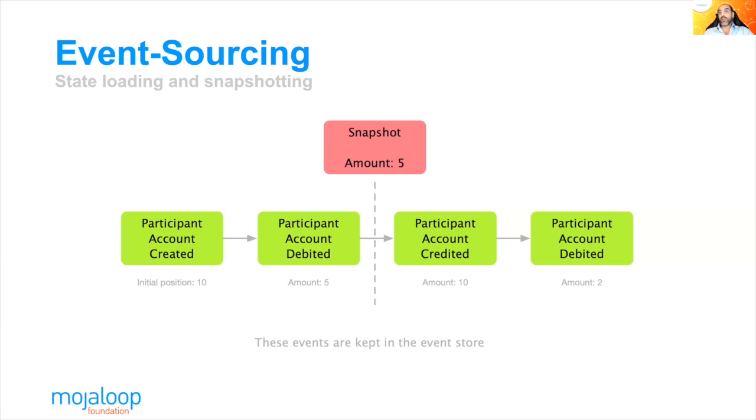Now what we can do is start by loading the last snapshot for a given entity and then applying only the subsequent events, and this is much faster. So we don't have to actually load thousands of events. If we have frequent snapshots, we load a snapshot and then everything that's after that snapshot. Ideally, and depending on how we tune the system, that's not a lot of events, and that's pretty fast.